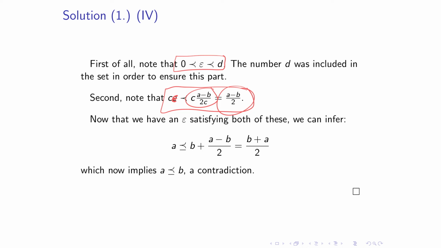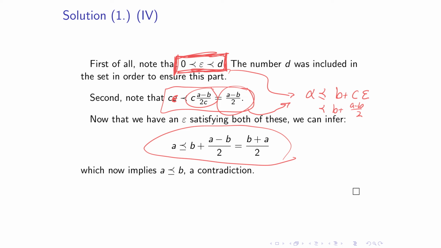So altogether, what this tells us is that because this condition was satisfied by epsilon, by the assumption of this problem, A precedes B plus C epsilon. Because of what we have here about C epsilon, we know that that precedes B plus A minus B over 2. And so, all together, with all of that chained together, we obtain this result.